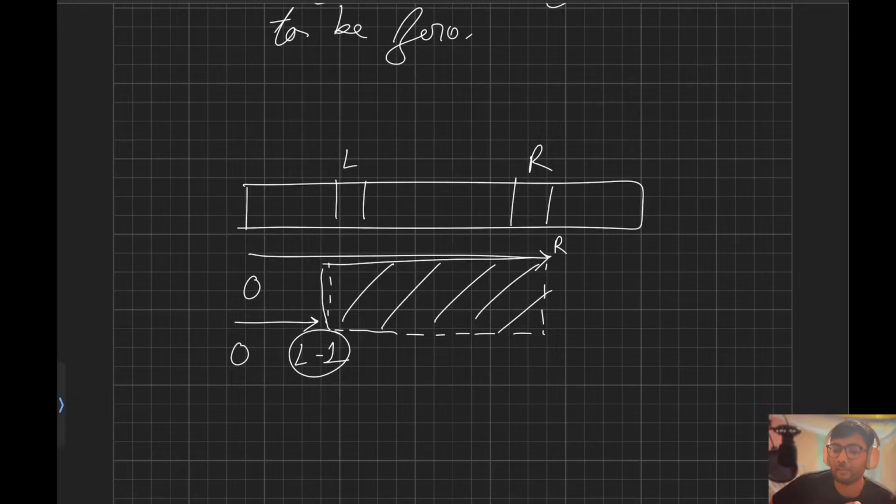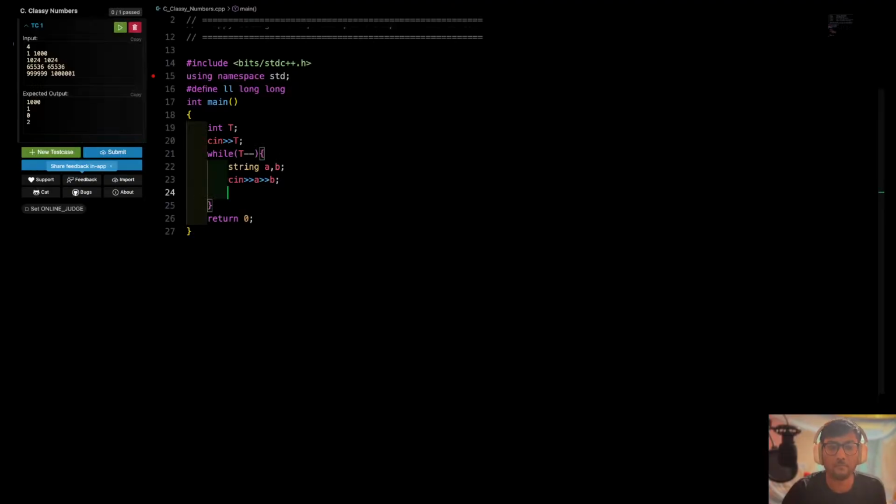So this idea we are using. We will calculate the sum from 0 to R and subtract the other sum, so we will be using the digit DP function twice. Okay.